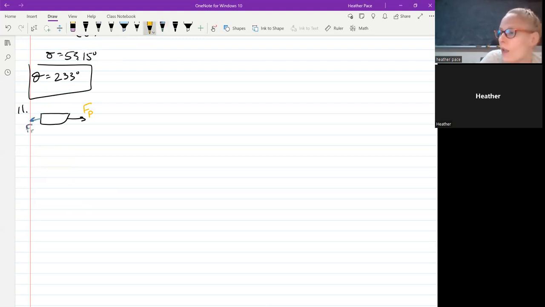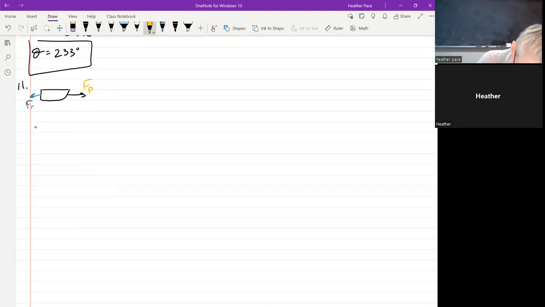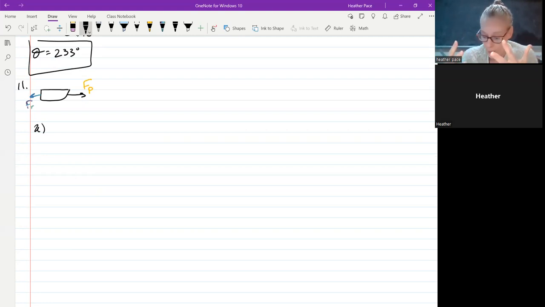All right. So our first question is, what is the acceleration? So in order to find the acceleration, we are going to have to find what the net force is. So we got one going this way and one going this way. We are assuming that if we have a propeller on our boat, that the propeller is strong enough to push our boat forward, and that the current of the water is not pulling us back.